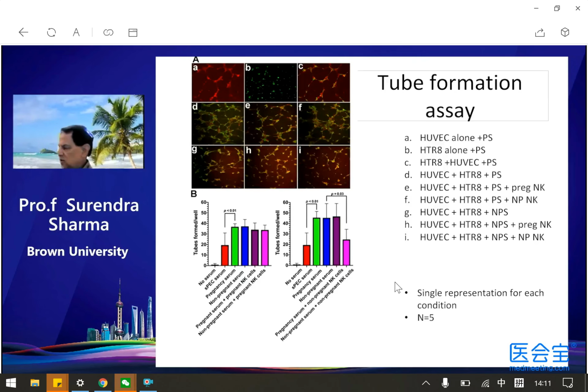And you can see in this data what I just told you is depicted here. So you can see that non-pregnant serum plus non-pregnant NK cells do severely disrupt the formation of three-dimensional structures between endothelial cells and trophoblast cells.